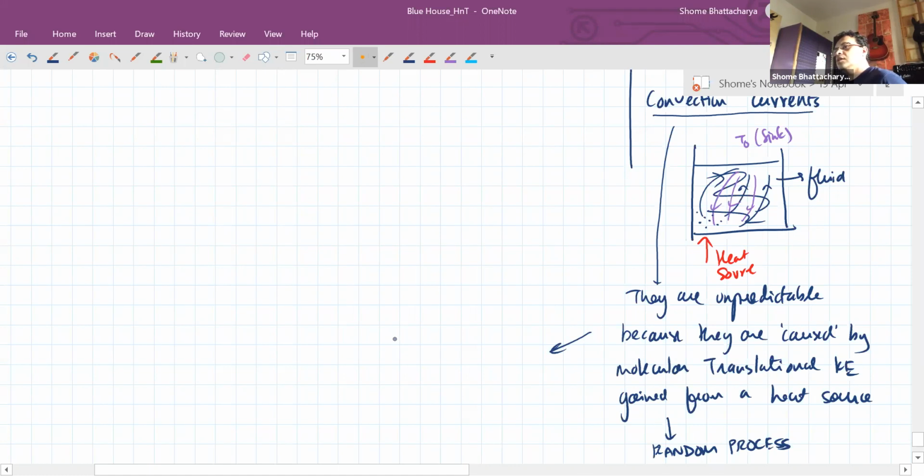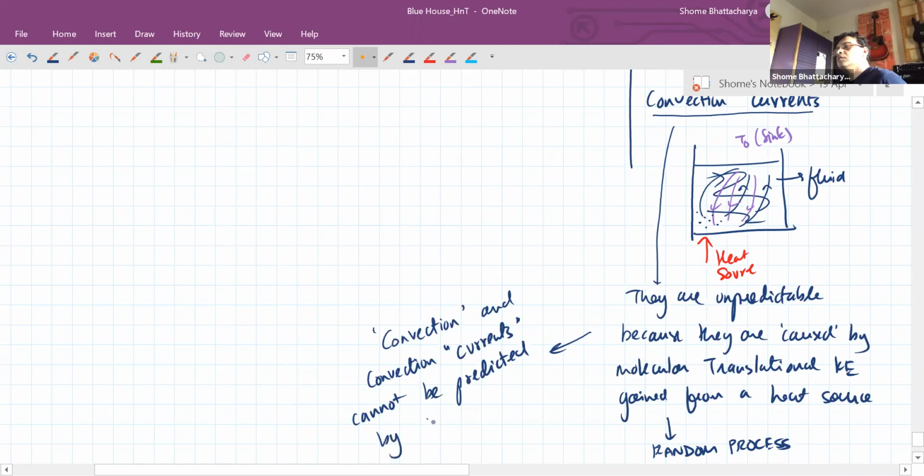So convection and convection currents cannot be described or predicted by any simple equations.